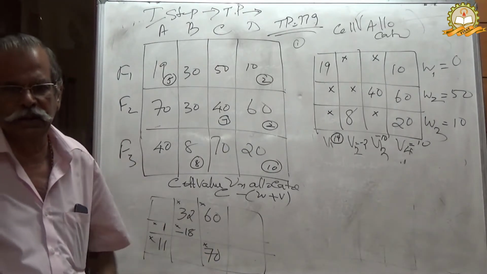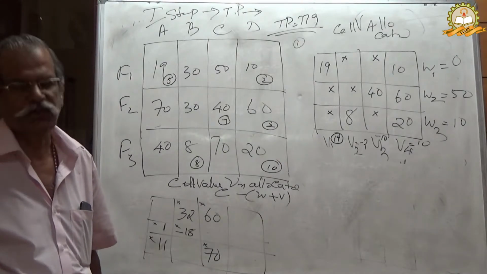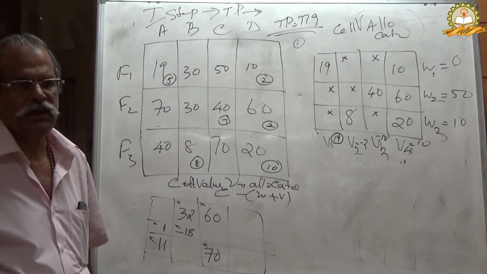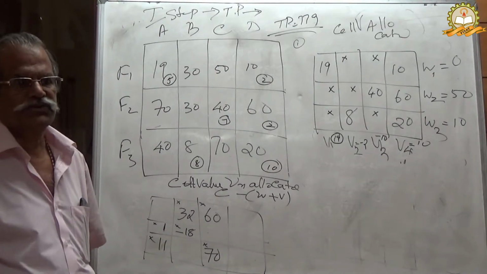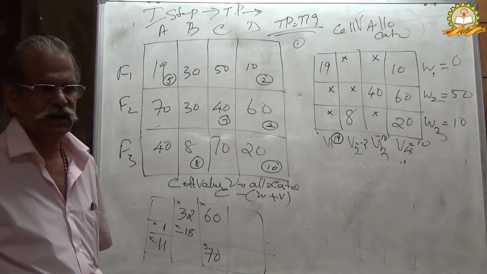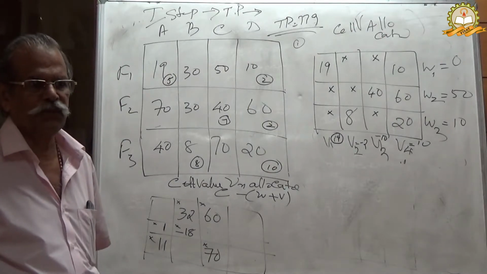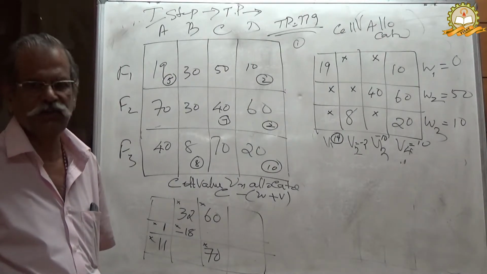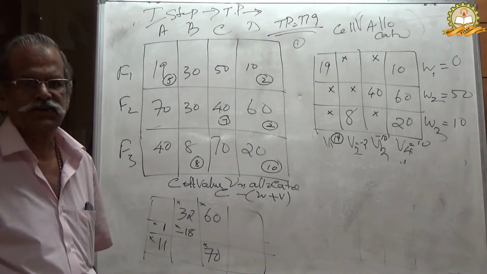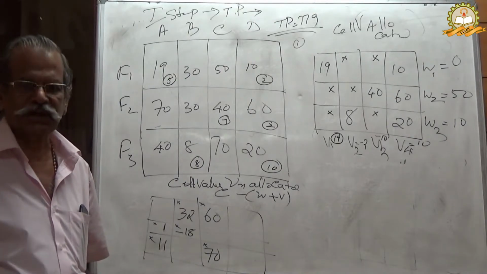Then you concluded transportation optimality is satisfied. If you get all positive values for the cell values of the unallocated cells applying C minus of u plus v, we say final test satisfied, optimality satisfied.